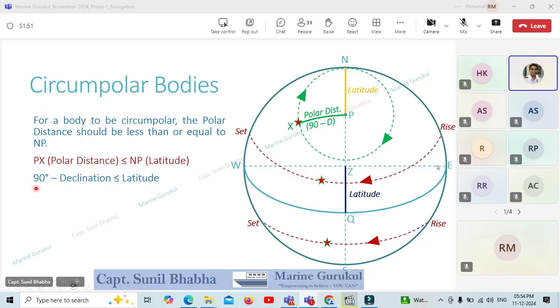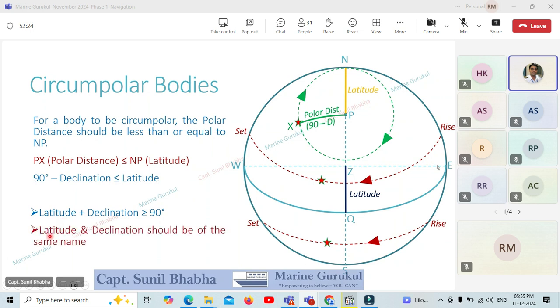So this converts the relationship into 90 minus declination should be less than or equal to the latitude of the observer. Now if I take declination to the right hand side, the relationship becomes latitude plus declination should be greater than or equal to 90 degrees. So this is the second condition which needs to be fulfilled for a body to become circumpolar.